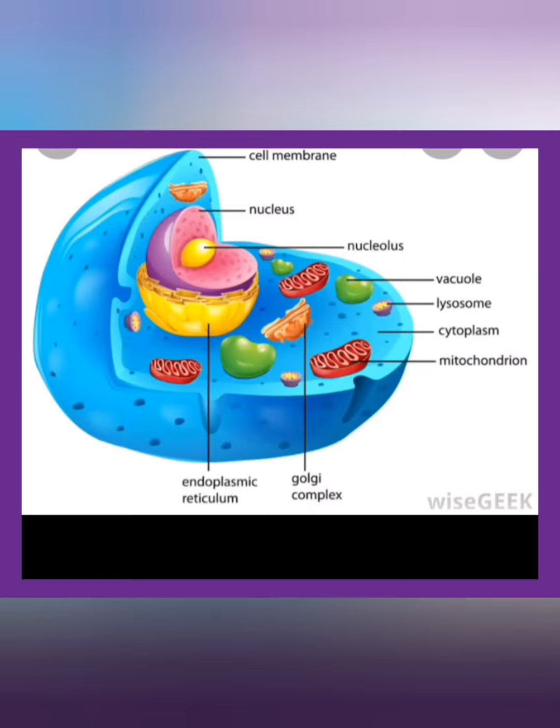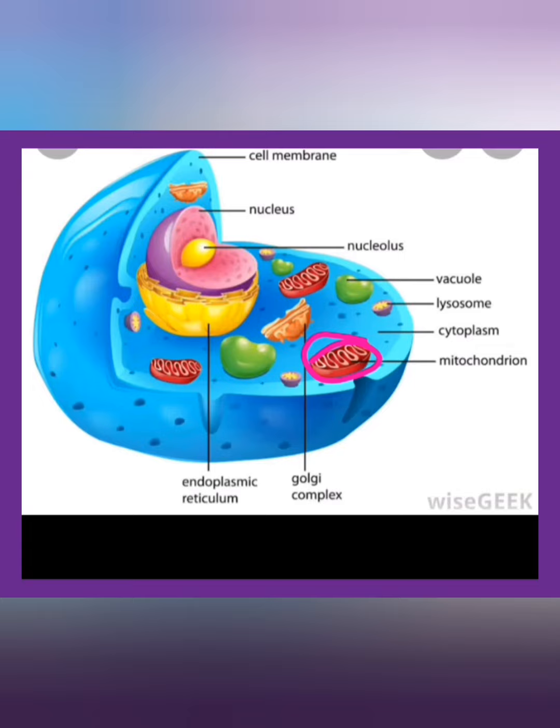All living cells contain many membrane bound living structures scattered in the cytoplasm. You can see here this is the cytoplasm. Here you can find many living structures inside that. They have a particular definite shape and structure. They perform definite functions within the cell.